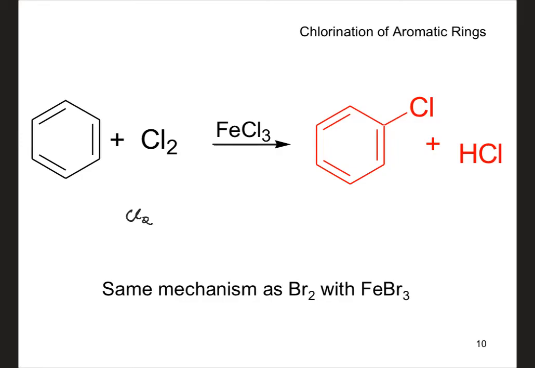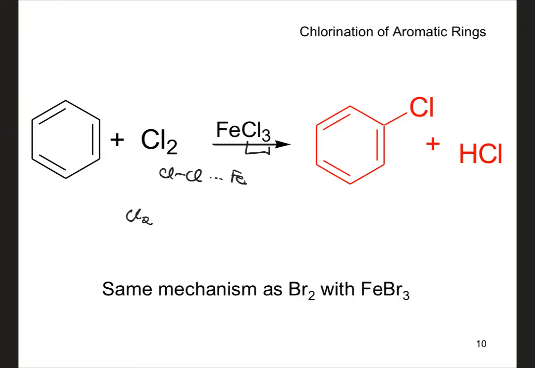But you could, if you wanted to, mix Cl2 with FeBr3, and the reaction is still going to work, because the activation is going to affect the Cl-Cl bond with the Fe. This part of the molecule doesn't quite participate in the reaction, okay?